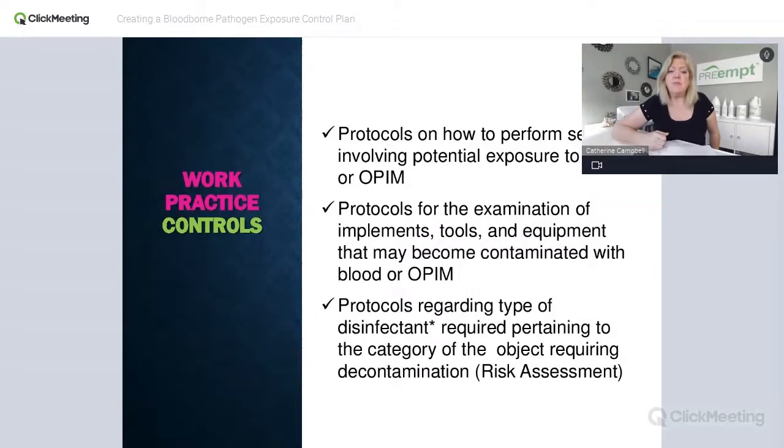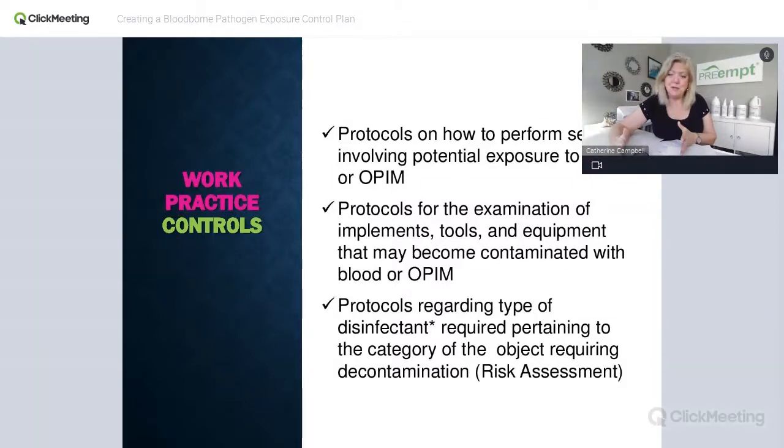Include protocols on how to perform services involving potential exposure to blood or other potential infectious materials. Include protocols for the examination of implements, tools, and equipment that may become contaminated with blood or other potential infectious materials. For example, if you put something out on your trolley and you perform a high-risk procedure, but you didn't touch that one implement, does it have to be decontaminated?